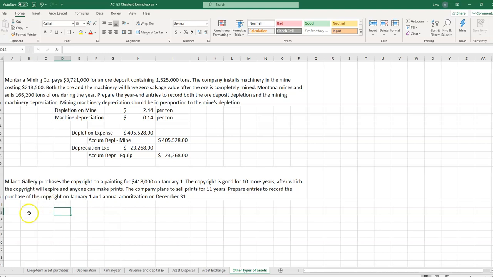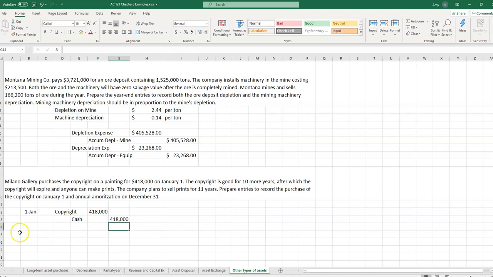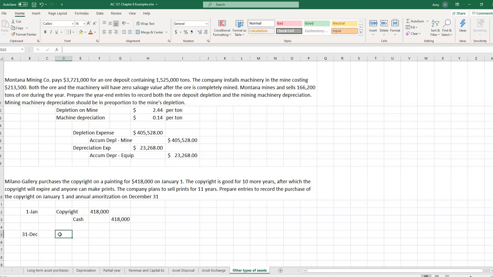First, we want to record the January 1st receipt of the copyright. So we received a copyright and paid cash. We paid $418,000. Then on December 31st, we're going to amortize this copyright.